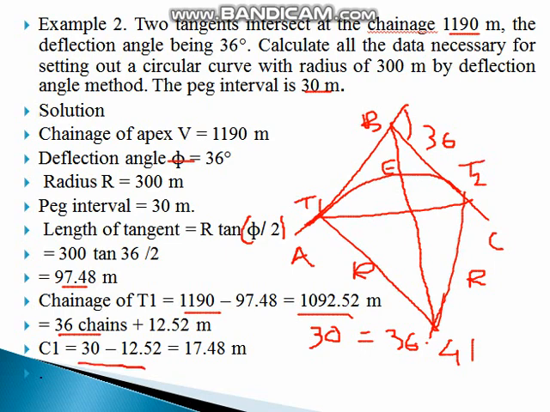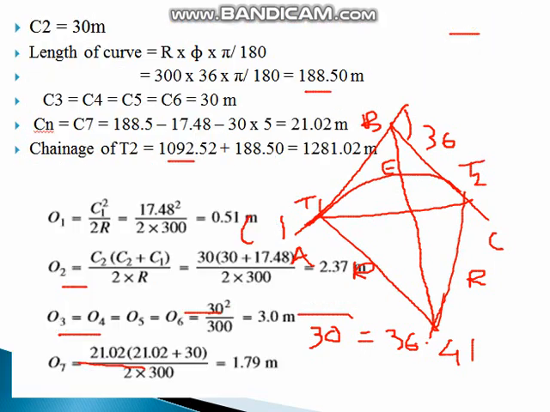So the chainage of C1 is 17.48. Then we take the others, C2, C3, C4 and C5, as 30 meters, and the last chainage is 188 point something minus 17.48.